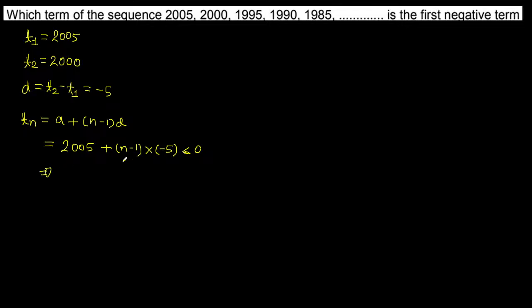So if you divide by 5, we get 401 is plus 1 minus n. So n is bigger than 402. So n equal to 403 is the term when it is negative.